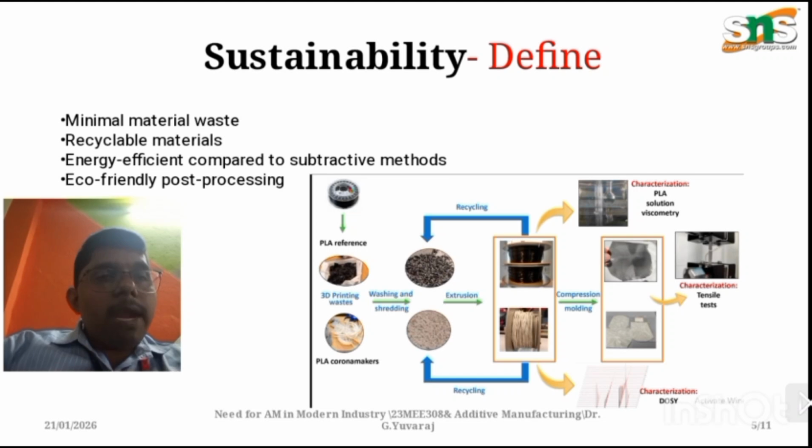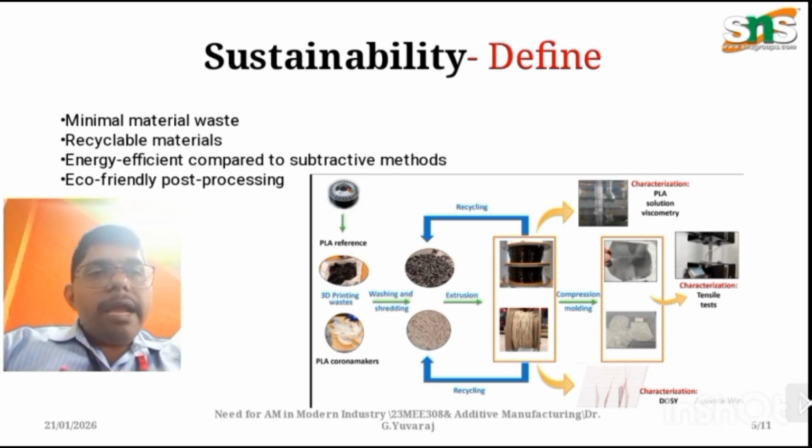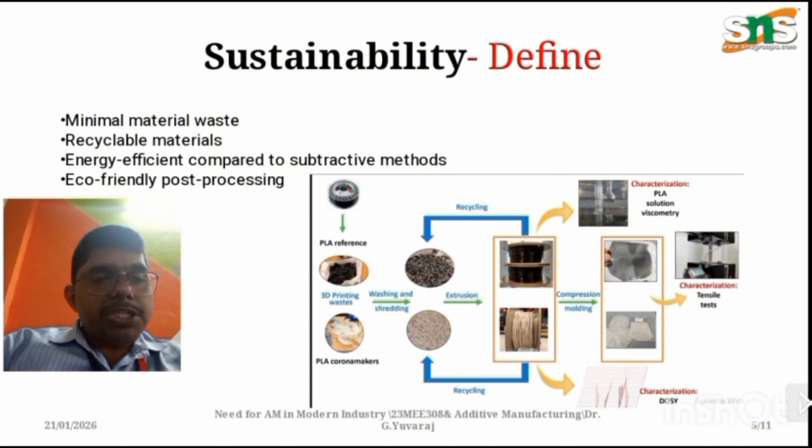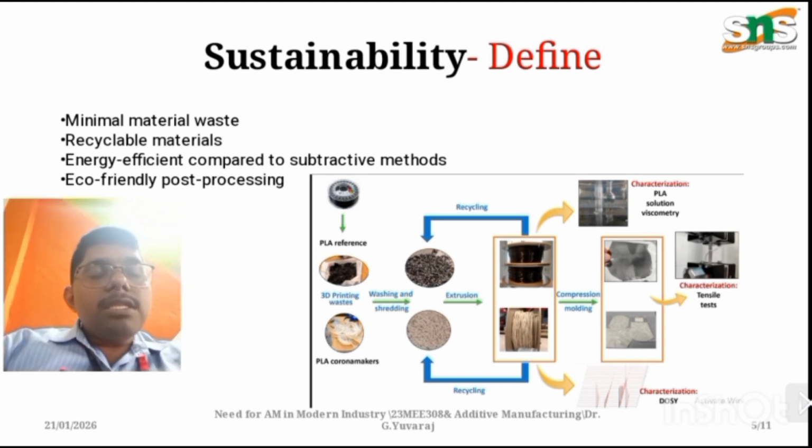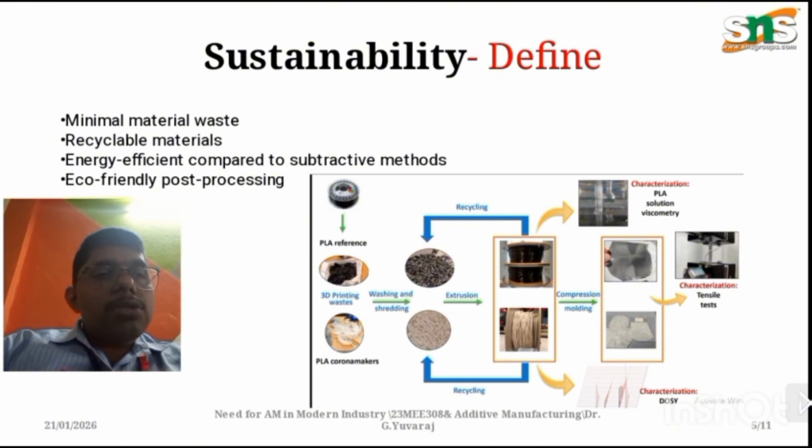The filament winding can be done with the help of wet photopolymerization, and it can be extruded with respect to compression molding. This compression molding helps to transfer the characterization, and it can also perform the testing methods with respect to the type of material used in the particular manufacturing technique.